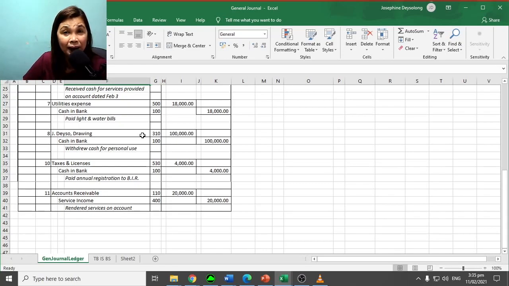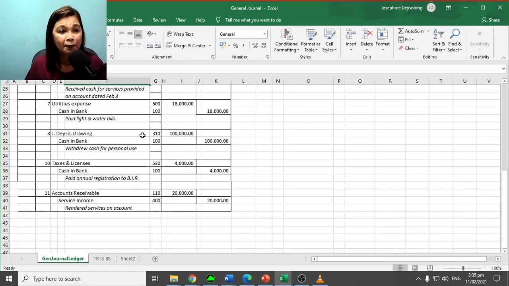So that will be my debit. For taxes and licenses, again, as I have said, all expenses are on the debit side. So taxes and licenses here is on the debit side, 4,000. And because I paid, my credit here is cash in bank, 4,000. And that is the payment of my annual registration to BIR.